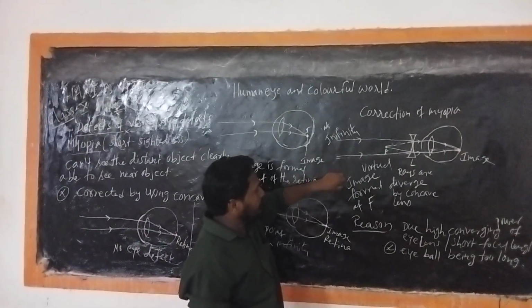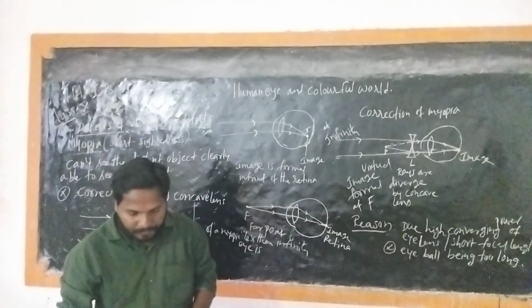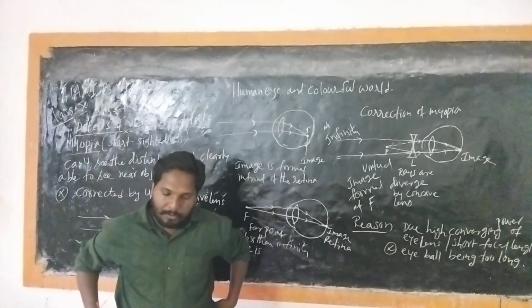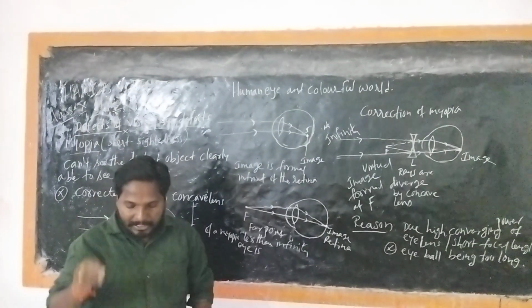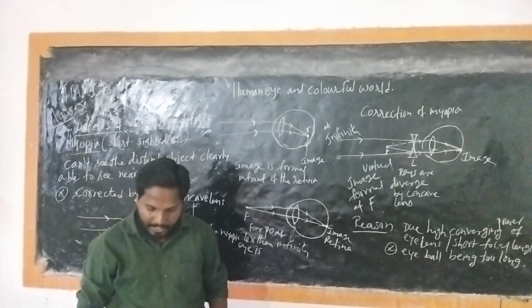The concave lens forms a virtual image of a distant object at the point F of the myopic eye.